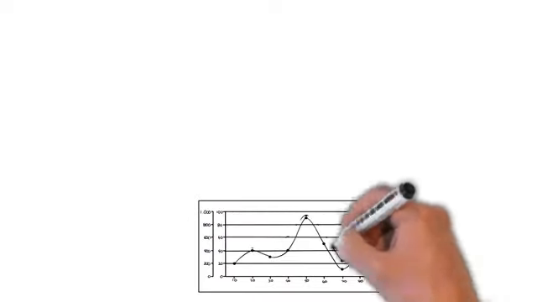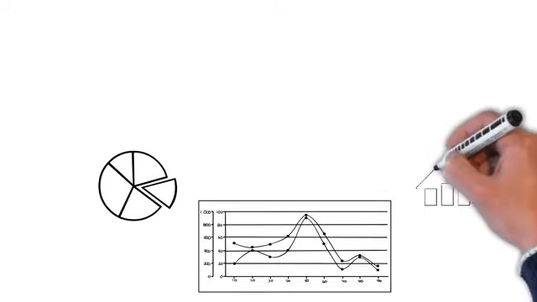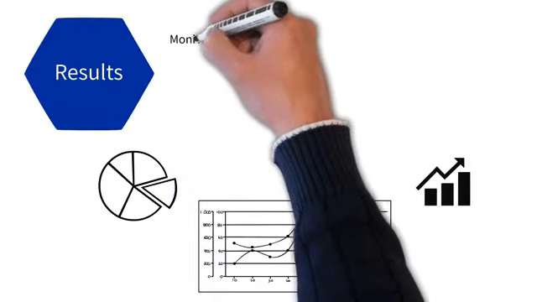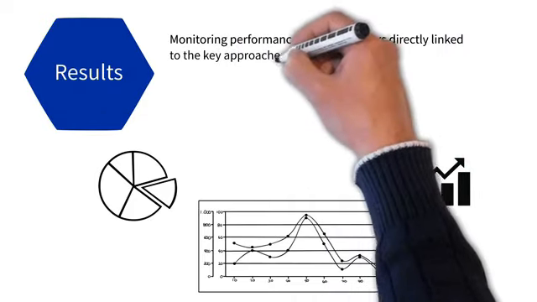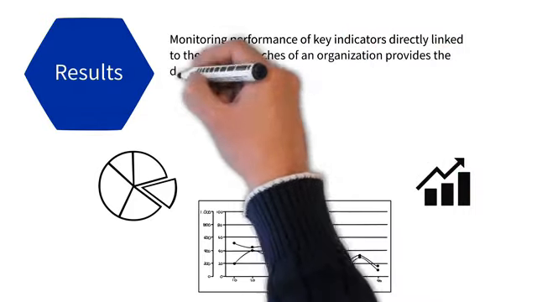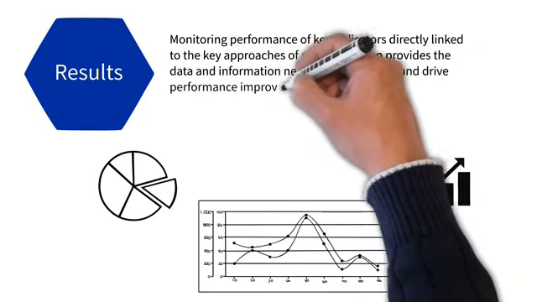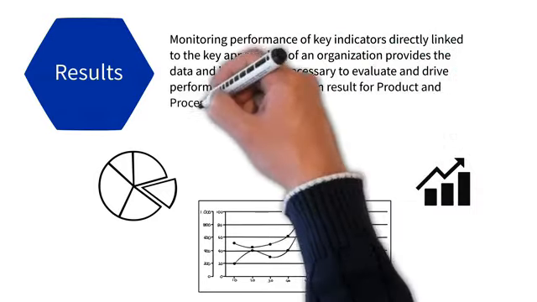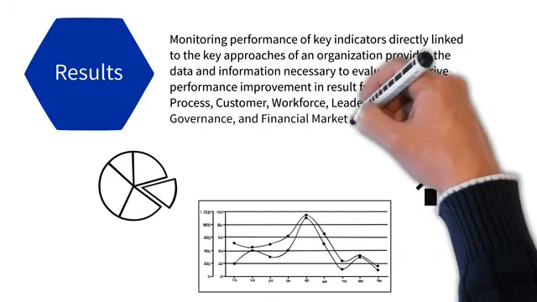An important part of the Performance Excellence System is monitoring performance in all key areas. Results are the outputs and outcomes an organization achieves. Monitoring performance of key indicators directly linked to the key approaches of an organization provides the data and information necessary to evaluate and drive performance improvement in results for product and process, customer, workforce, leadership and governance, and financial market and strategy.